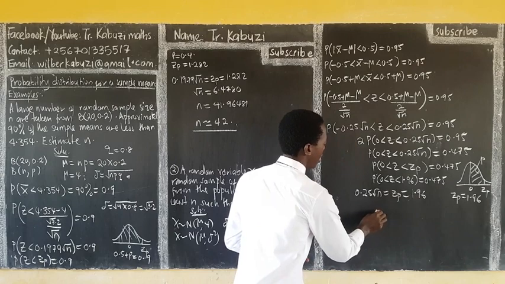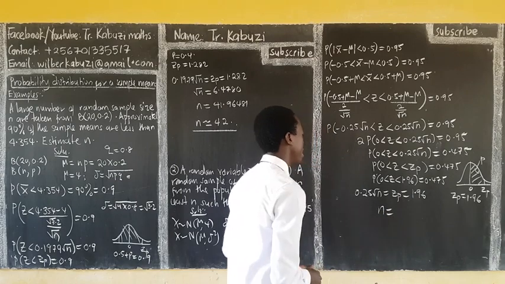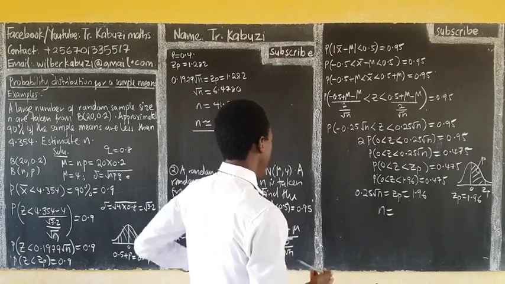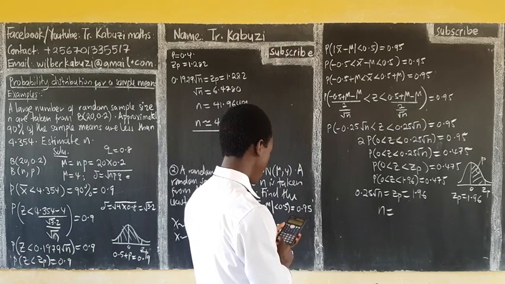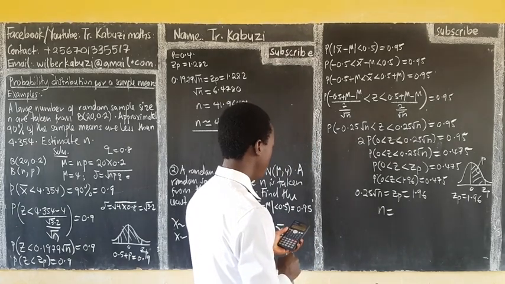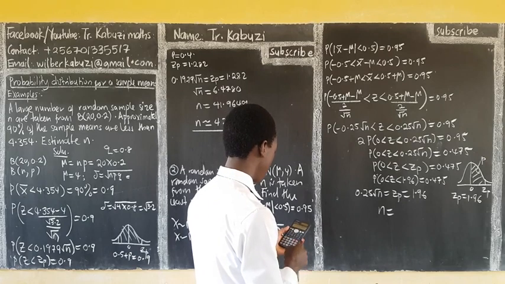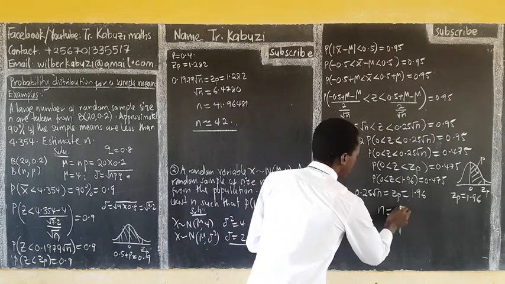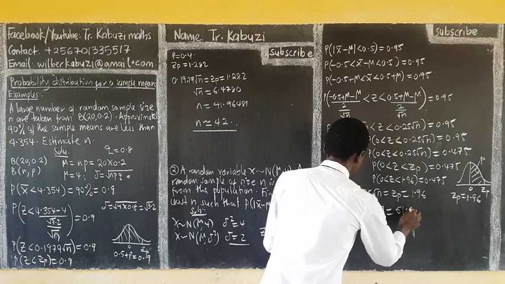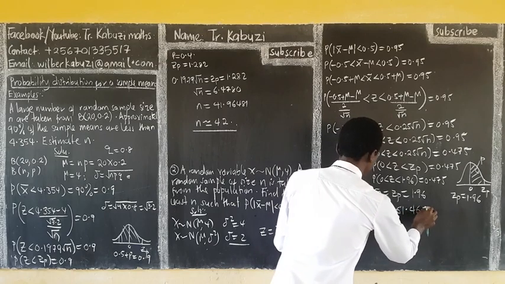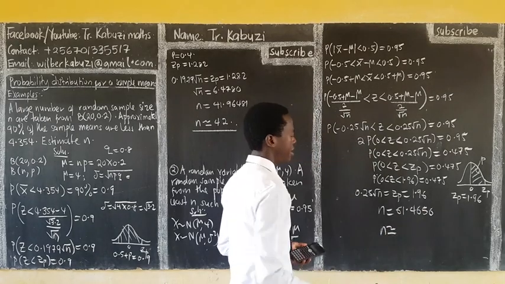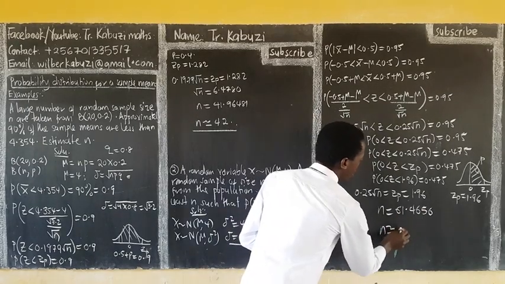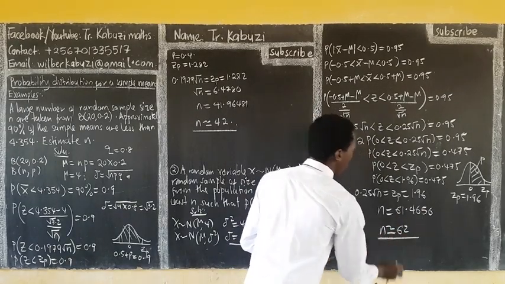We start our n from there. To get n, we have 1.96 divided by 0.25, then you square. The answer we get here is 61.4656. Give it the next integer, which is 62, and that will be our answer.